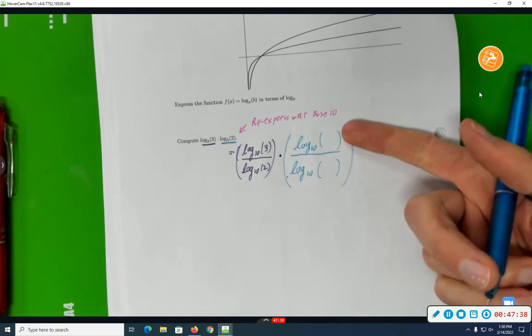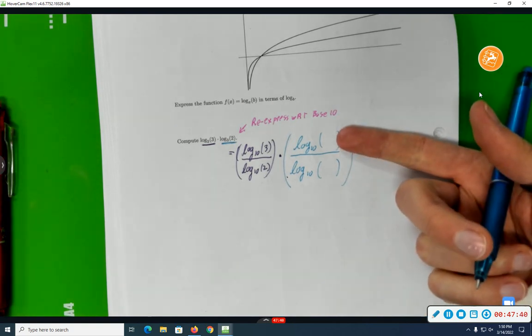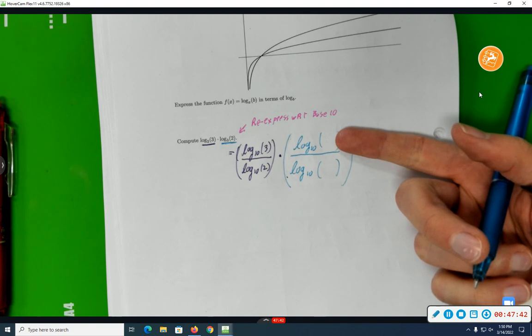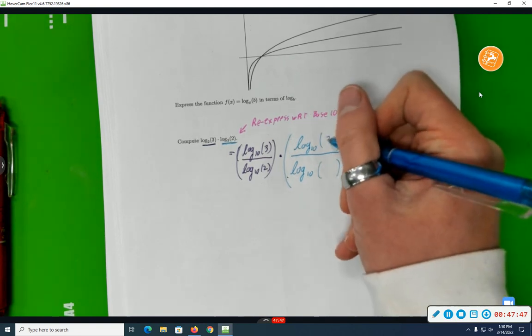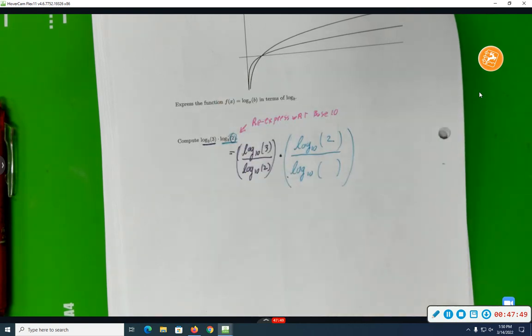So what should be the thing in the top? It should be the thing in the parentheses. Log base A of x. The thing in the parentheses becomes the thing in the parentheses in the top. What should go in the bottom?